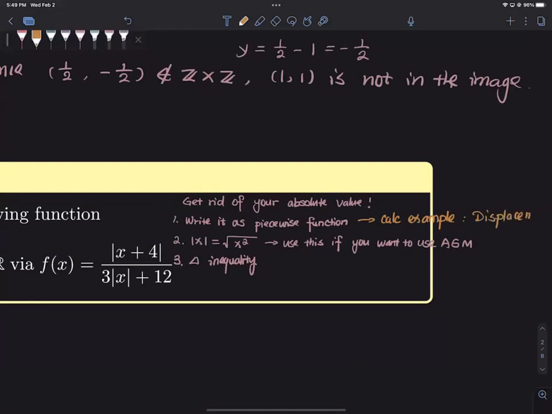It has absolute value in there, right? Do you guys know that or no? Or should I not do this? That works. Do you know displacement and distance? Okay, let's not use this.